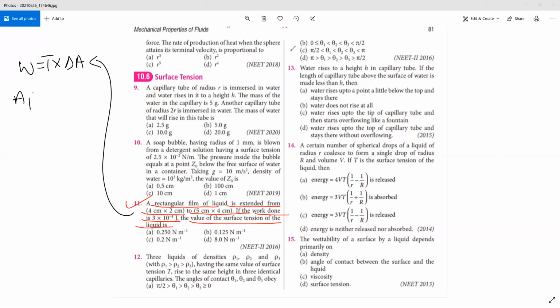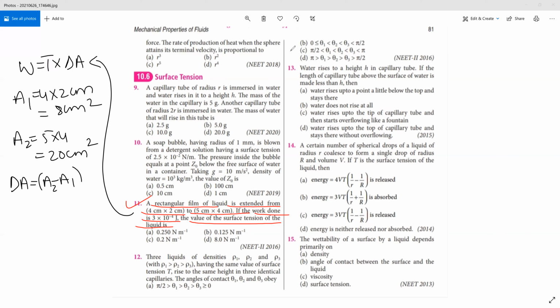So here A1 is equal to 4 into 2 centimeter, that is equal to 8 centimeter square. And A2 value is 5 into 4, that is equal to 20 centimeter square. The change in area is equal to (A2 minus A1) into 2, so that is 24 centimeter square, which is 24 into 10 to the power of minus 4 meter square.